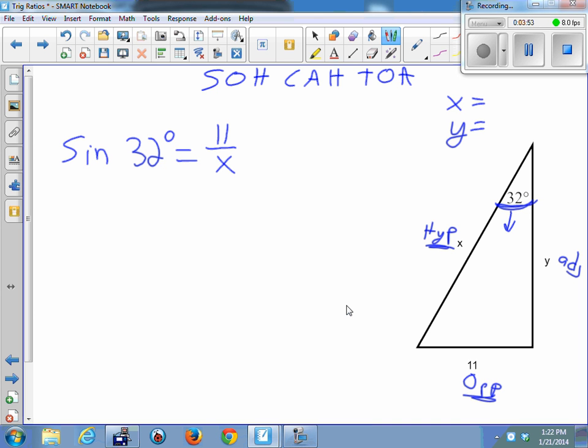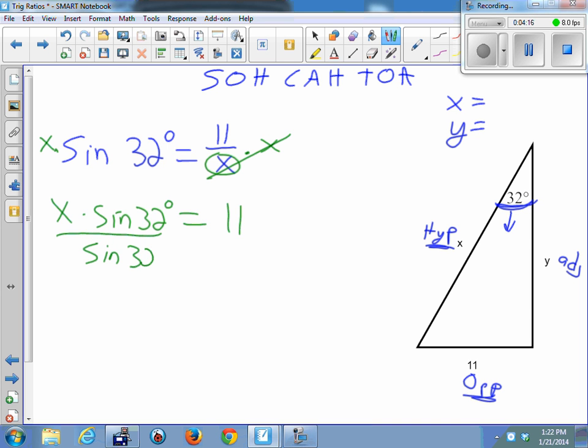All right, we'll talk about how to solve that coming up. Well, actually, let's do that now. In this case, we can't have x in the denominator, so I'm going to multiply both sides by x. So x times the sine of 32 degrees equals 11. These cancel. And then we're going to divide by the sine of 32.